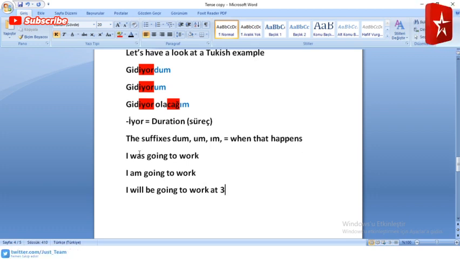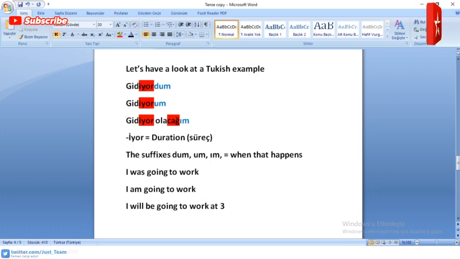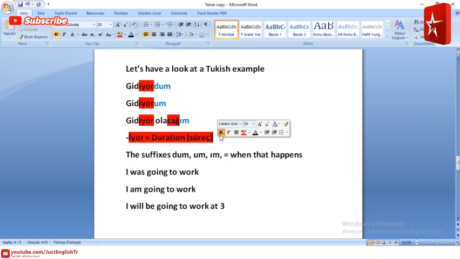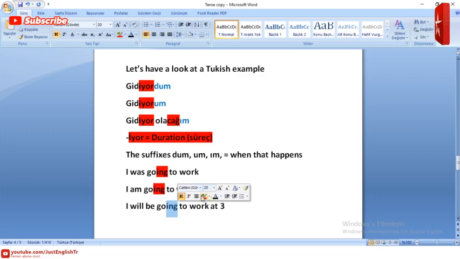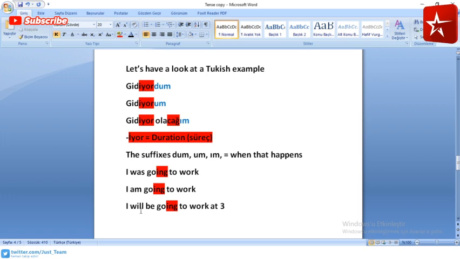But if we look at the structure here, that part here, the ior, that duration in English, we show duration, that süreç. We show that with the suffix ing. Of course, we need to have these to be ing as well.